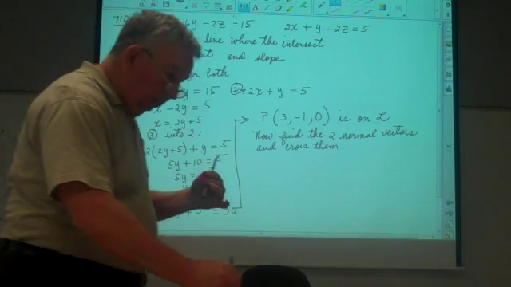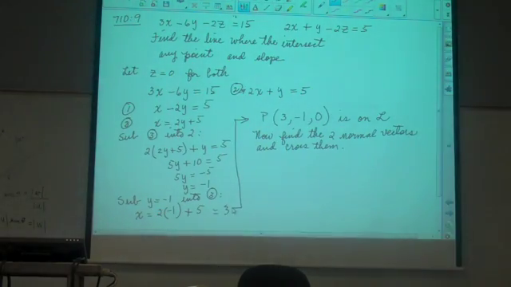Seth's turn. Seth, I want you to poke that pencil right in that space right there. Here's the first plane, here's the second plane, and I found a vector normal to each one of them, right?